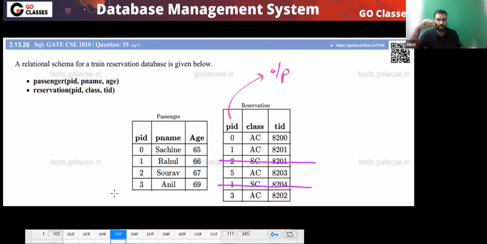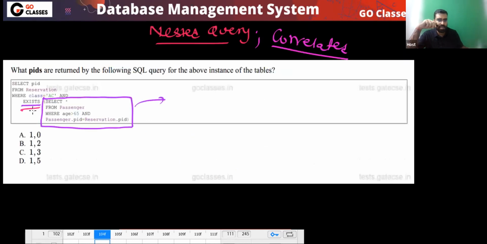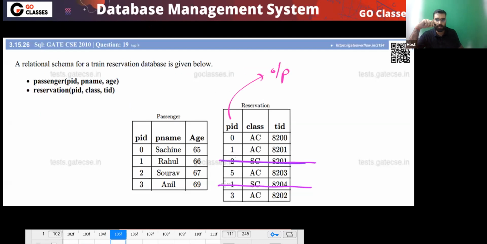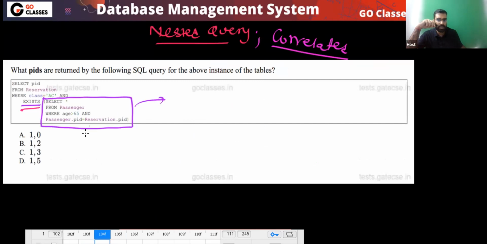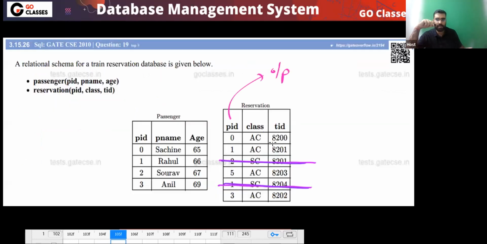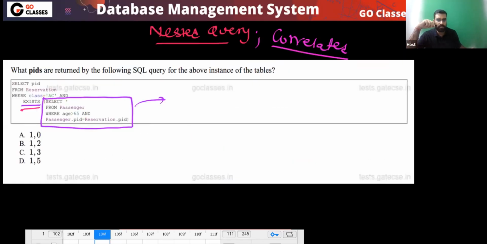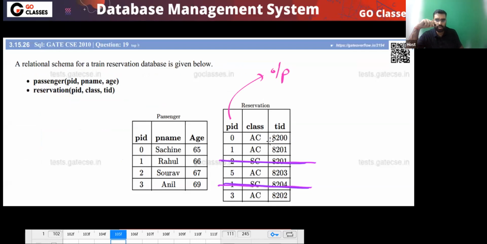So again, in this question, you can clearly see that class must be AC, right? So you can remove these two tuples, because class must be AC. The second point is that passenger PID and reservation PID must be the same.